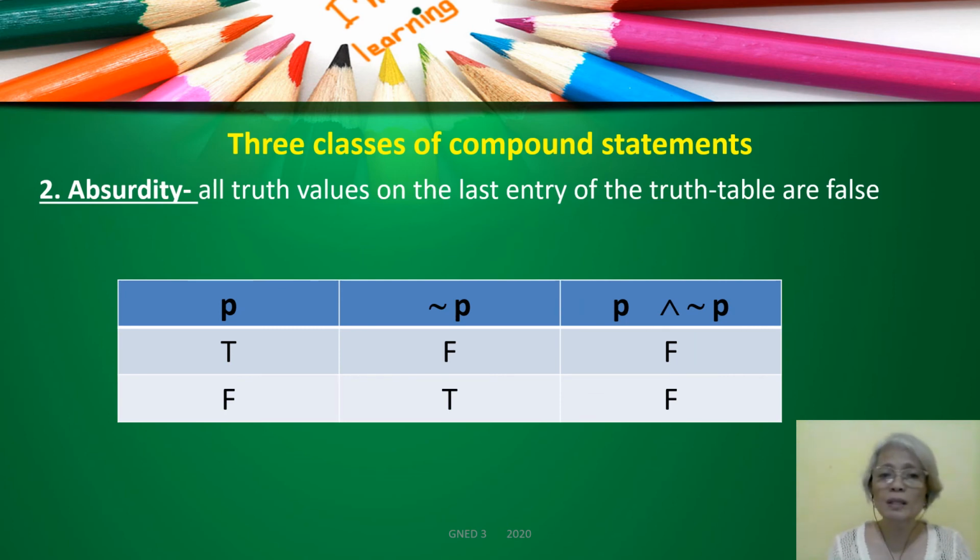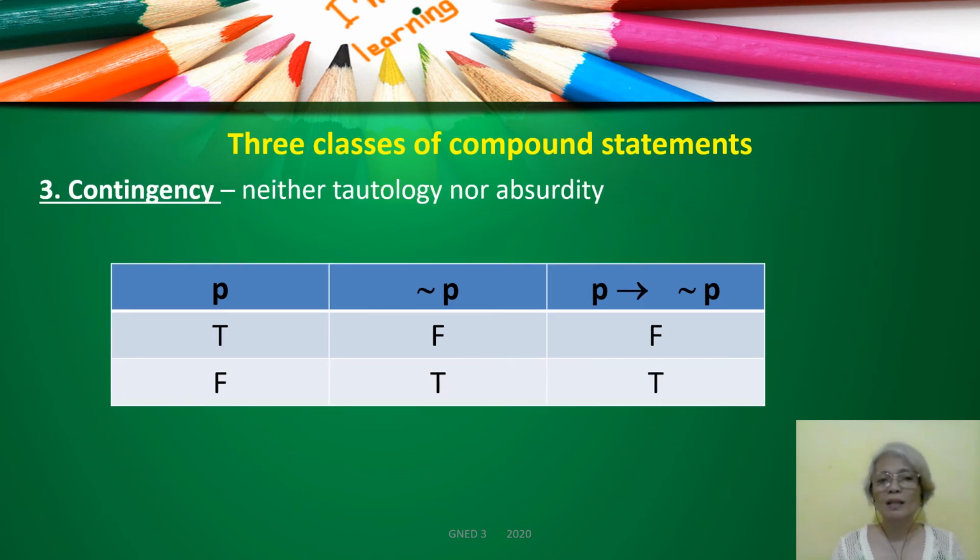The next one is an absurdity, where this time all the truth values of the last entry are false. Notice that all rows of the last column have false truth value. So that's an absurdity. And then the last one is a contingency, where it is neither a tautology nor an absurdity. So parehong may true, parehong may false.